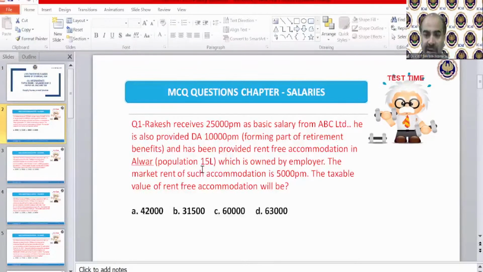Population is 15 lakh, and it is owned by the employer. The market rent of such accommodation is 5,000 per month. The taxable value of rent-free accommodation will be.